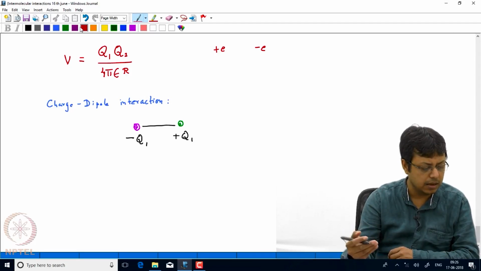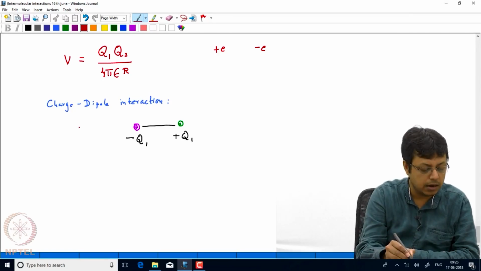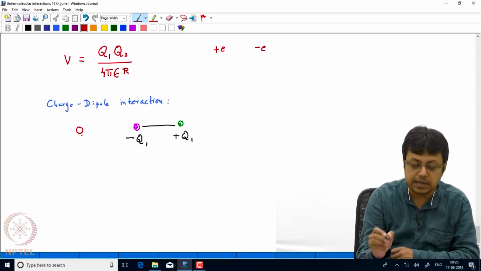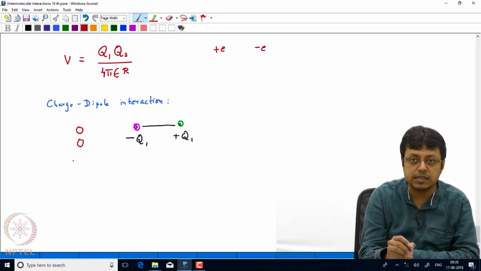We are simply saying that it is Q2, and it is located at a distance r from the center of this dipole and along the axis of the dipole.